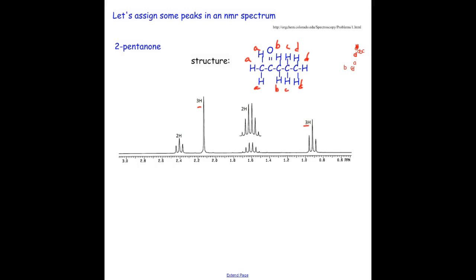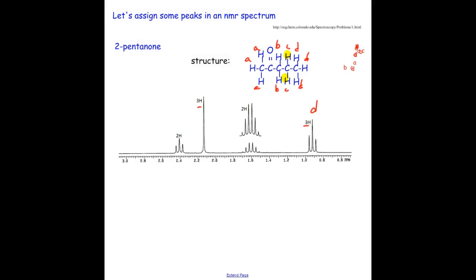The one that is close to 0.9 is going to be D. My reasoning is that it has 2 near neighbors, so it's going to be split into a triplet. And also, it is farther away from the electronegative oxygen, so it's going to be closer to its normal spot. It's going to be at the lower parts per million.